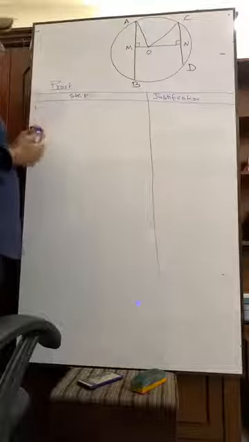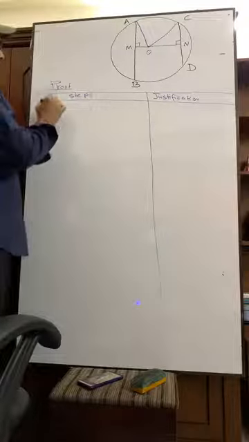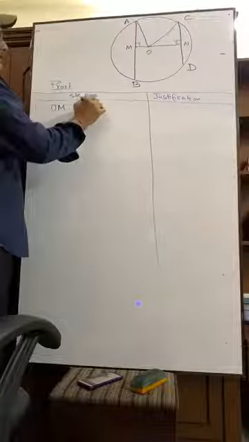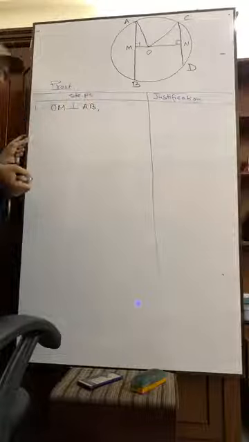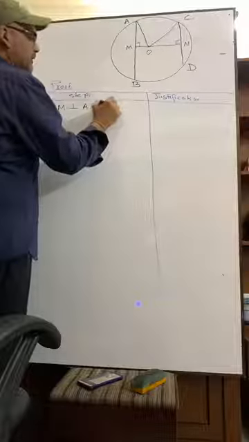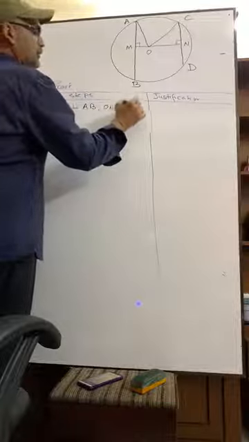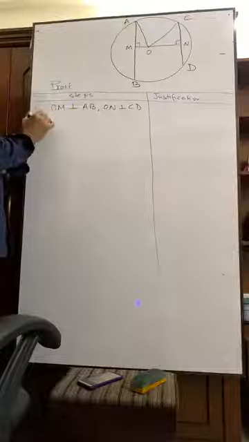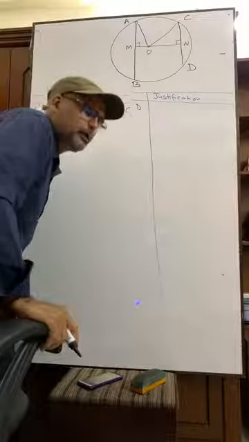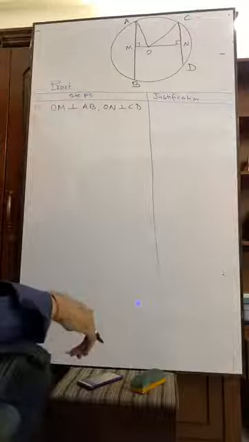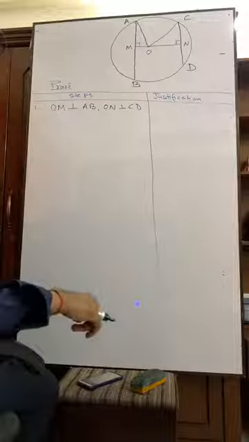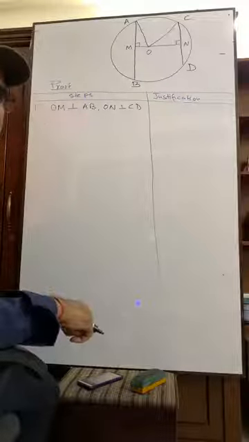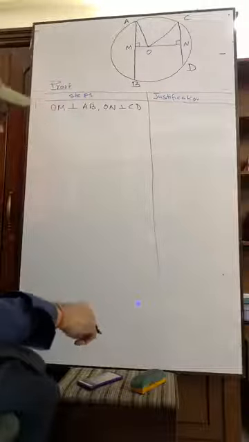We have got OM perpendicular to AB in the particular enunciation, and ON perpendicular to CD, right? It is given. In exercise 10.1, you were taught that a perpendicular drawn from the center of a circle to a chord bisects it. What is that?